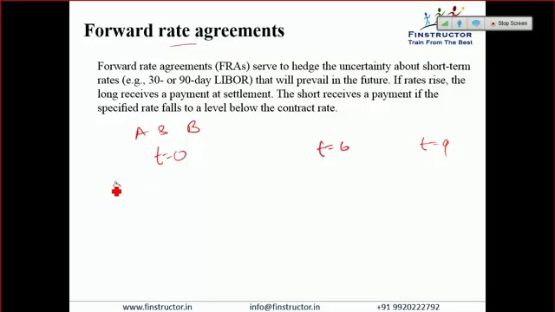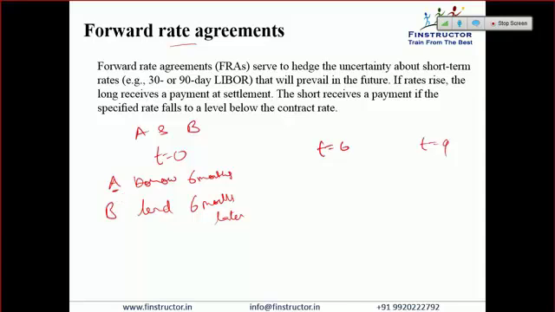So there is a counterparty A that wants to borrow 6 months later, and the counterparty B is going to receive money and he wants to lend his money 6 months later. So A needs to borrow, B needs to lend 6 months later.